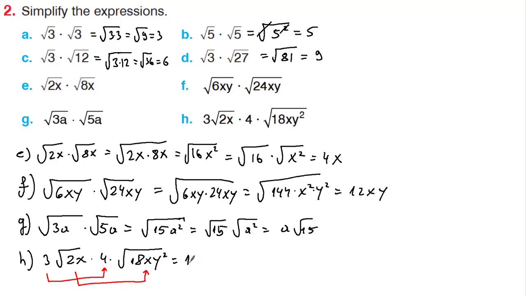Right, 3 times 4 will make 12 times the root of 2 times 18, that's 36, x times x squared, y times y squared. Now, square root of 36 is just 6, square root of x squared is just x, and square root of y squared is just y. And now 6 times 12 makes 72xy.